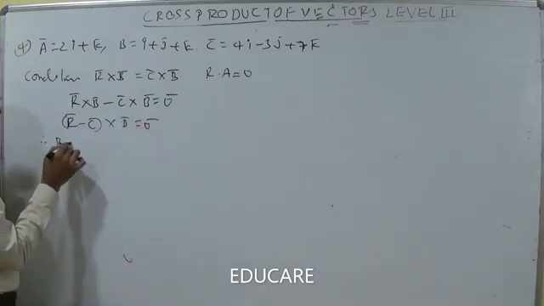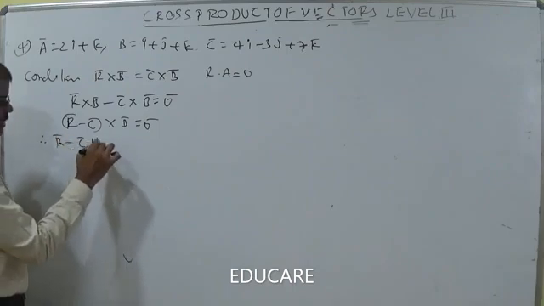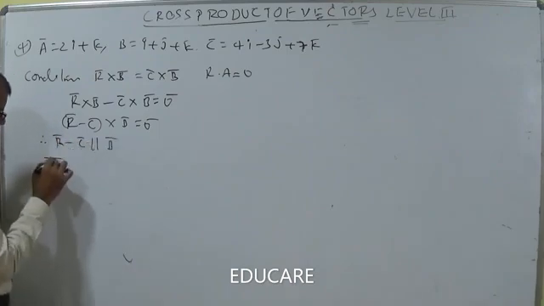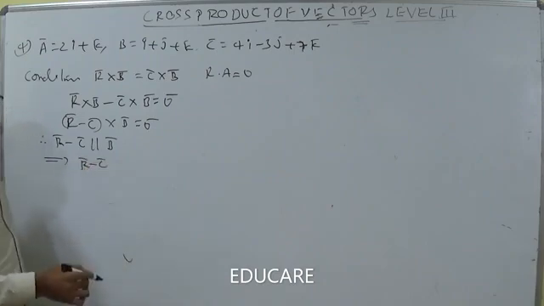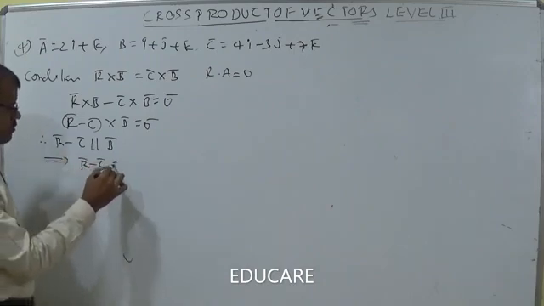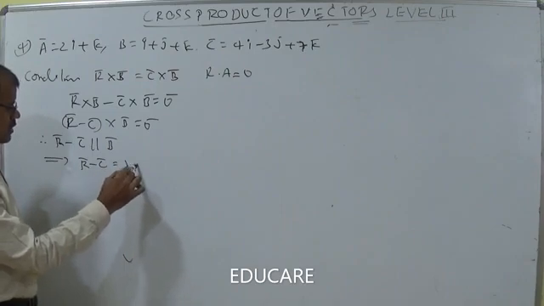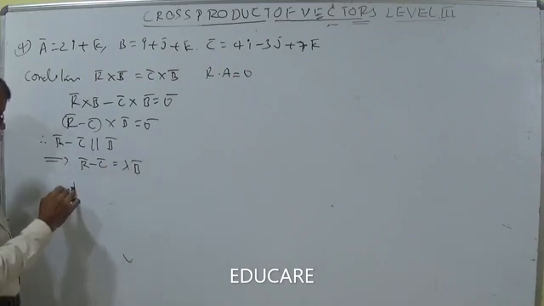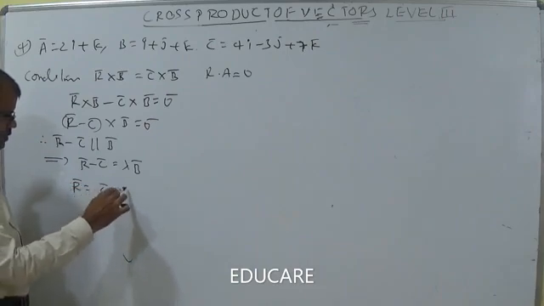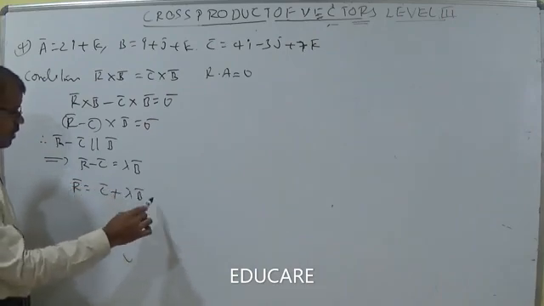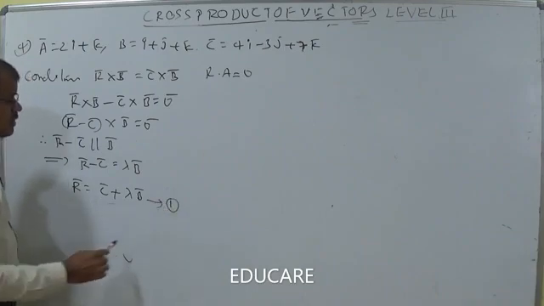Therefore, R bar minus C bar vector is parallel to B bar. Whenever two vectors are parallel, one vector can be expressed as a scalar multiple of the other. Here R bar minus C bar equal to lambda into B bar. R bar is equal to C bar plus lambda B bar. Let it be the first equation.